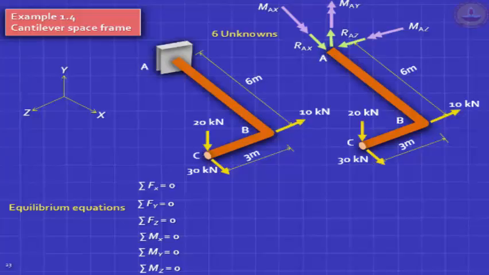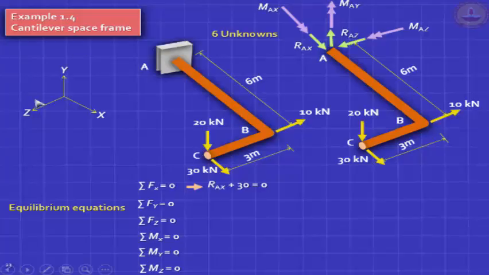Rax, Ray, Raz with the directions here. If you give me plus or minus, the units of Rax, Ray and Raz should be kilonewton. The units of Max, May and Maz should be kilonewton meter. Okay, you try. Rax plus 30 equal to 0, very easy.